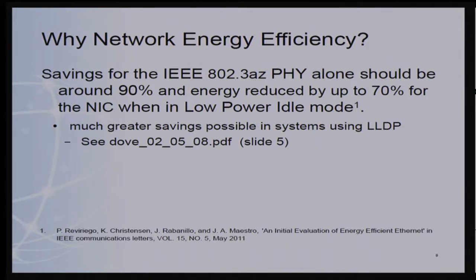If you look at more of the network interface, you can get, on average, about 70% savings there. And you can even get more savings if you're clever about how you design your system and take advantage of LLDP, and I'll talk a little bit more about this in a slide that I refer to in a few moments.